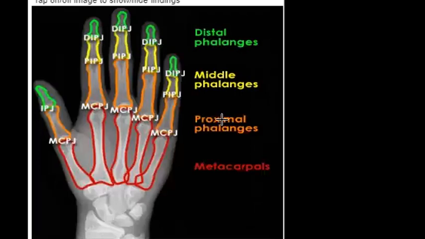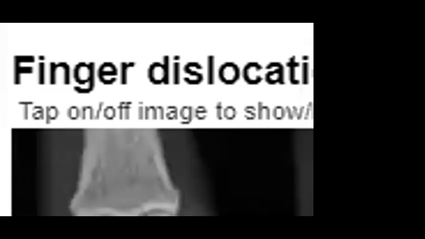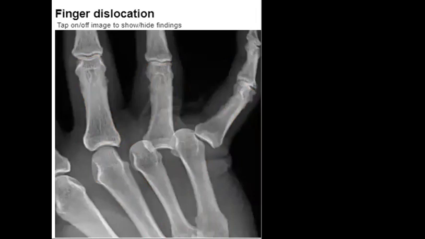Then finally, the fingers. They like to show you that you should check the fingers carefully, either distal phalanges, middle phalanges, proximal, and metacarpals. And we should also check for the alignment, for example here between metacarpals and proximal phalanges.